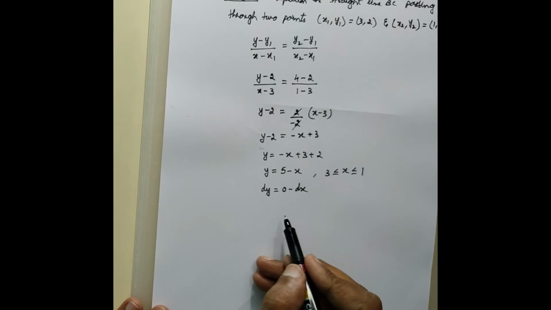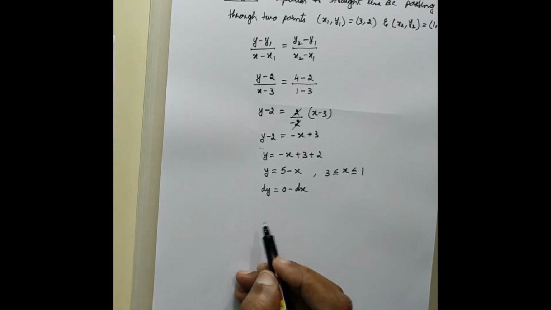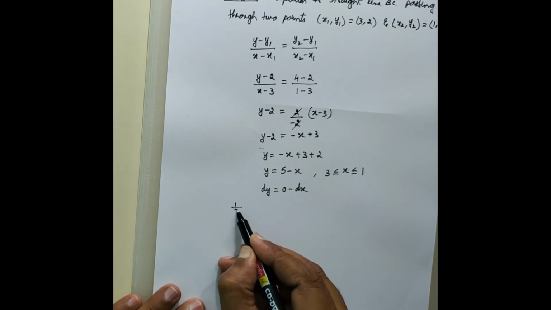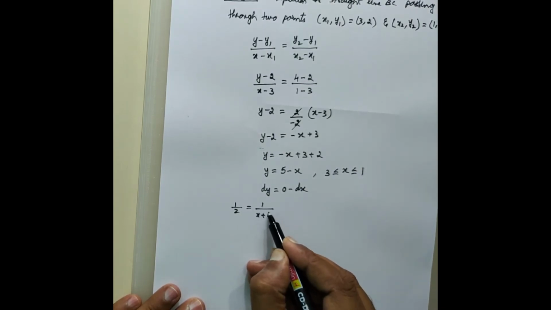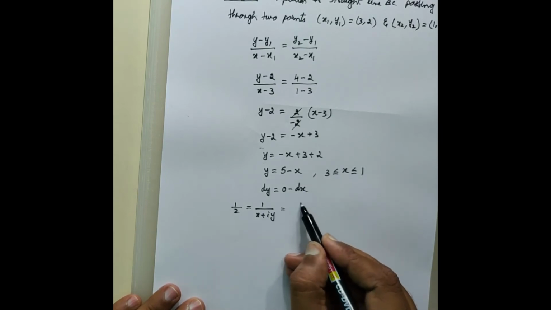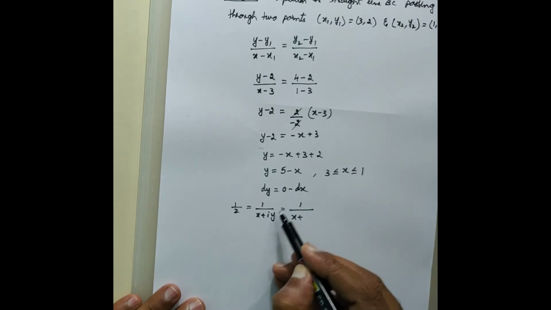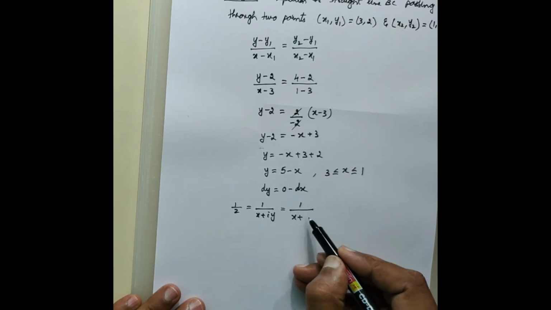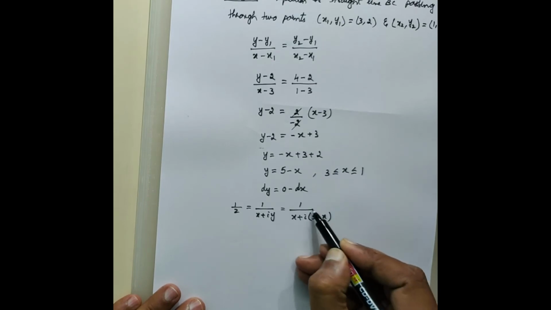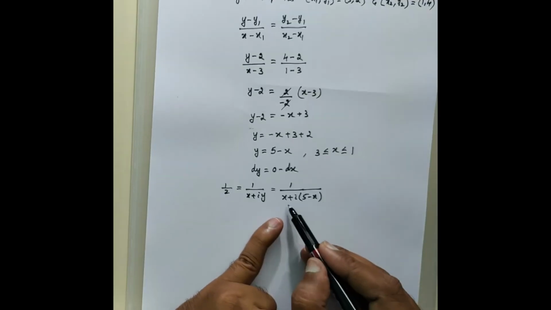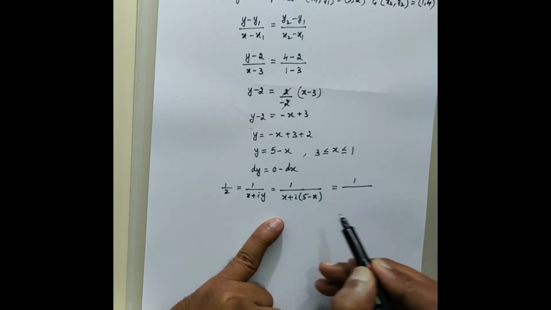Now if I write down the function 1 by z and plug in these values that we have, 1 by z will be equal to 1 by x plus iy, that is equal to 1 by x as it is plus i times the y value, which is 5 minus x. So it is i times of 5 minus x.